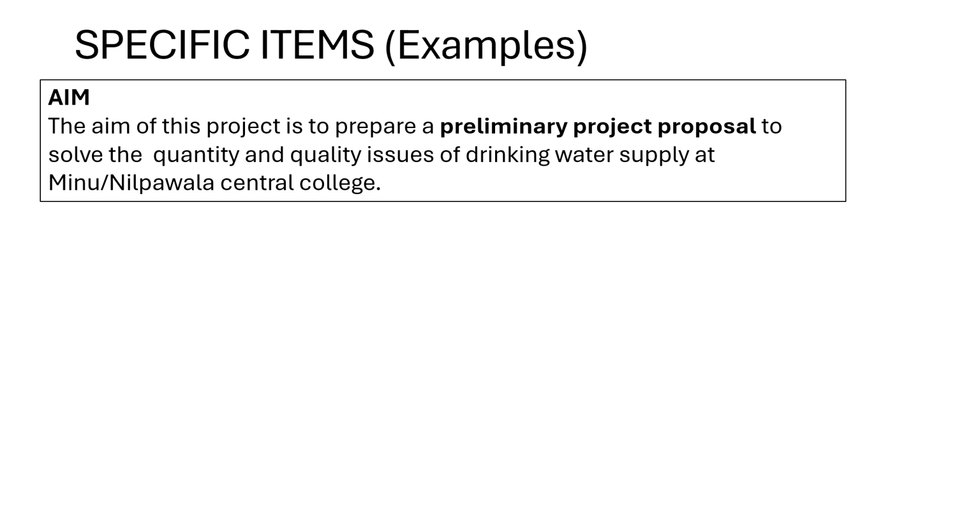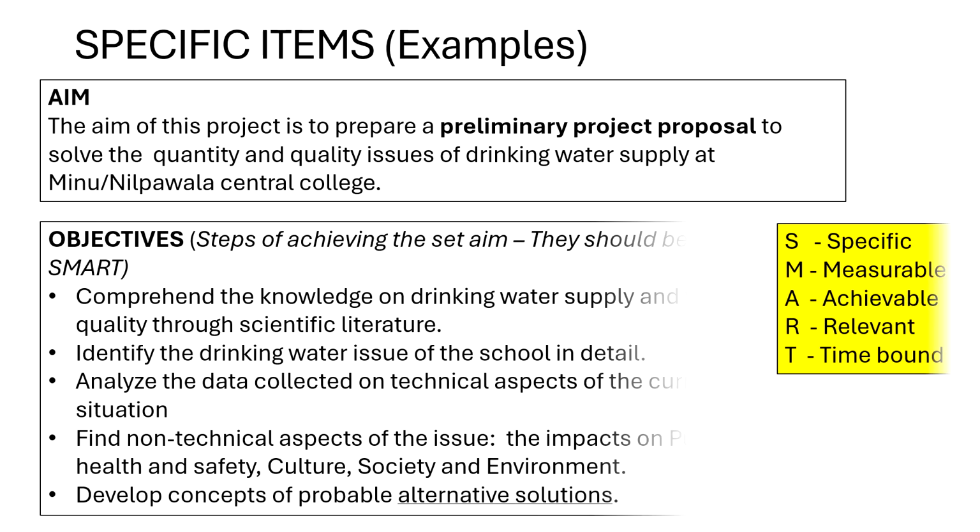So the aim is not a very long paragraph. It has to be very specific and focused, usually one sentence, so that anybody who is looking at the aim will understand what the project is about.